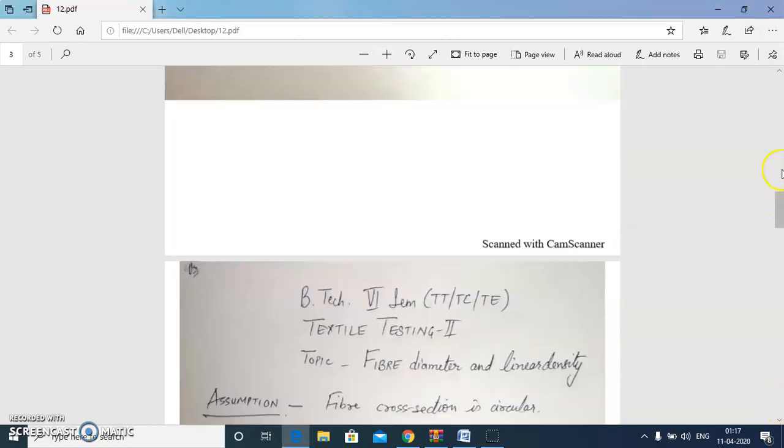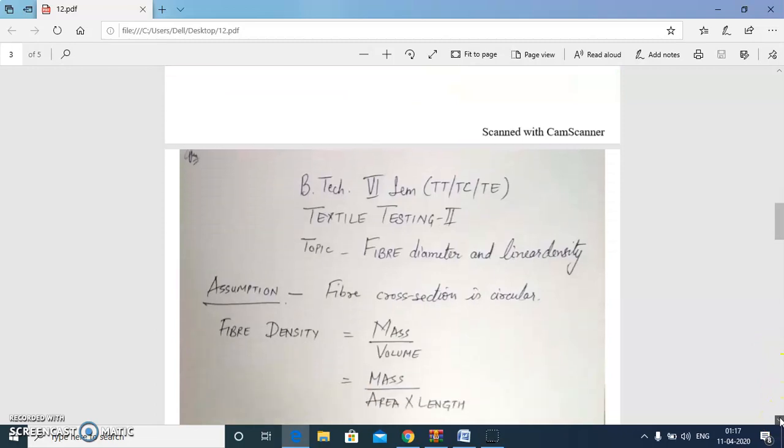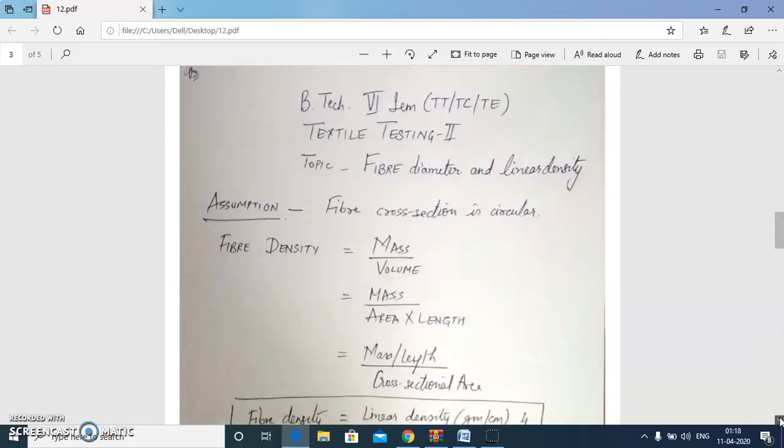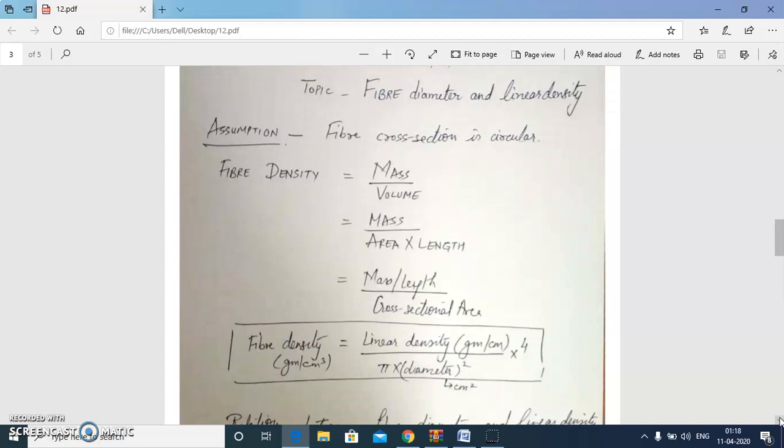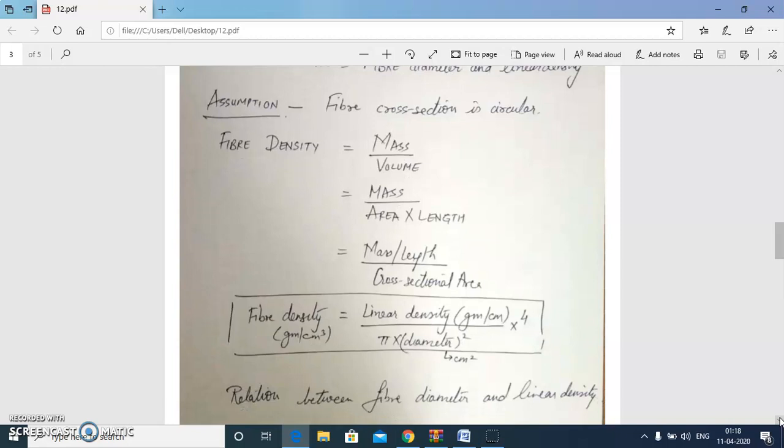Now we'll move to the next part of the lecture, that is we'll try to understand the relation between fiber diameter and linear density, assuming fiber cross section is circular. This formula we can apply only in case of circular cross section of the fiber. We know that density is mass upon volume, and volume can be expressed as area into length.